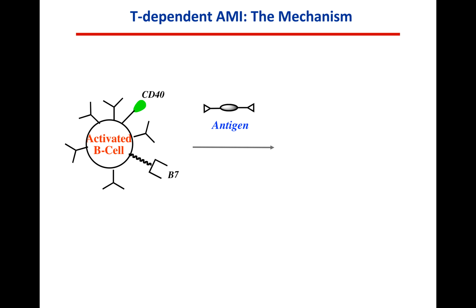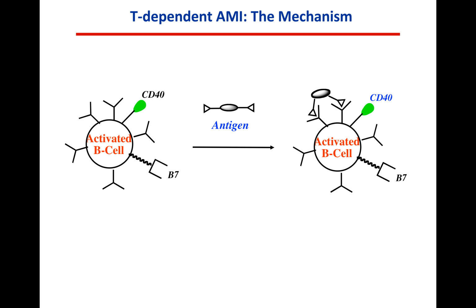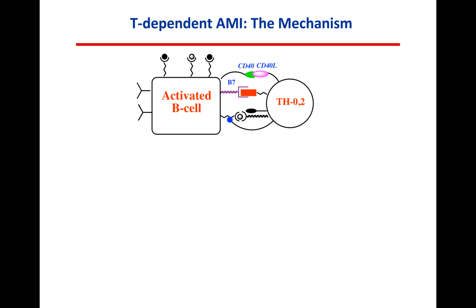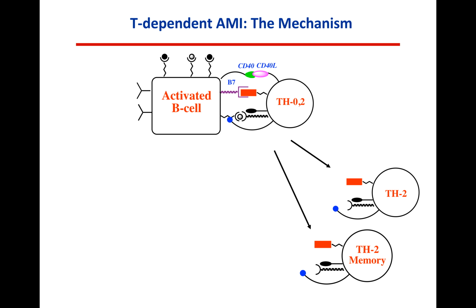Now the activated B cell could interact with an antigen again, and once it's interacted with the activated B cell, it can go out and potentially interact with a naive cell. Mainly it interacts with these additional Th2 cells, producing more activated Th2 cells and more Th2 memory cells, so that you have more of the same.